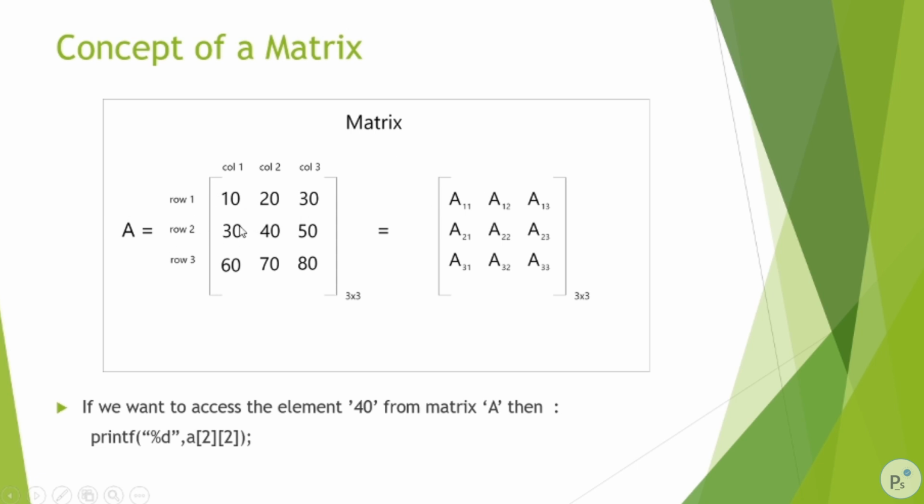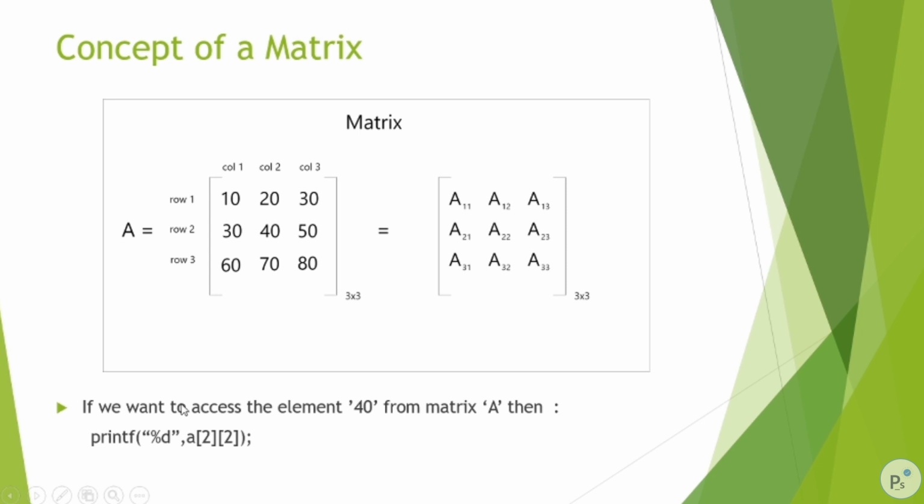At the second row, first column, if you want to access a21, that means second row, first column, and that's where we get the value 30. In the same way the values are represented, second row first column.